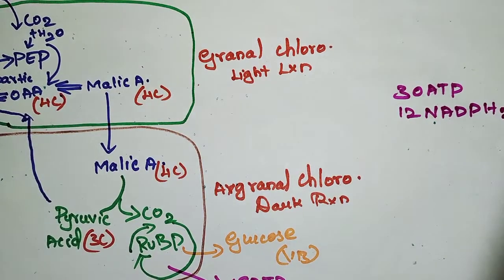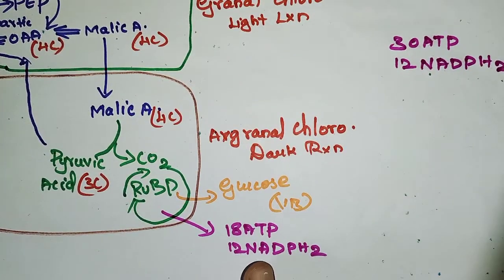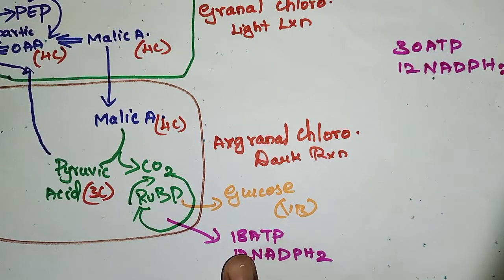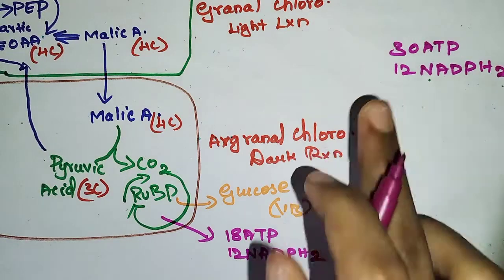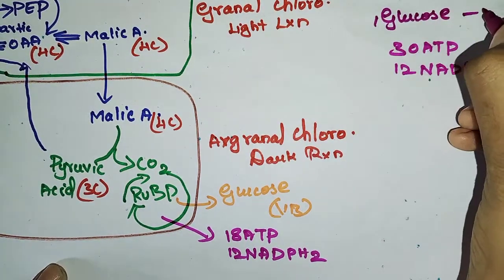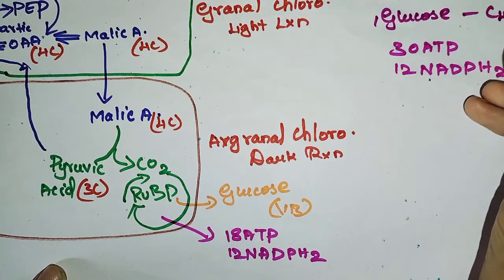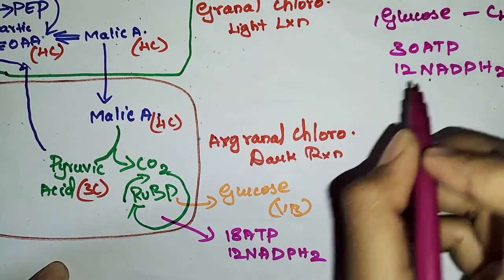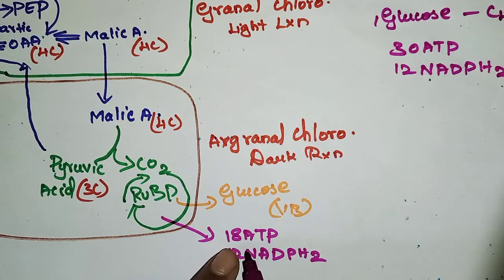Okay, 18 ATP is used in Calvin cycle. Rest of the 12 ATPs where it comes from? The total for one glucose in the C4 cycle, we use 30 ATP and 12 NADPH2. 18 ATP C3 cycle. Rest of the 12 where it is used.